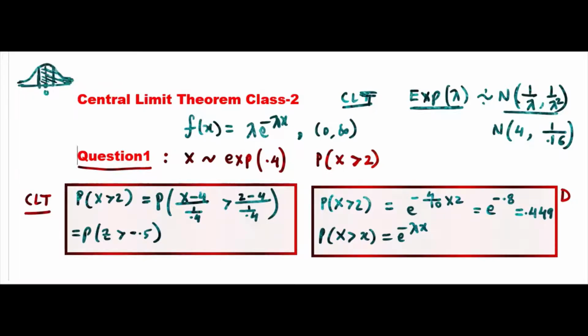This area is already 0.5, this is half and this side half. This is minus 0.5, you write plus 0.5 here, and this side area you find, they will be equal. They are symmetrical. So greater than this one and less than this one, they are equal. So we have to see from the table for 0.5.